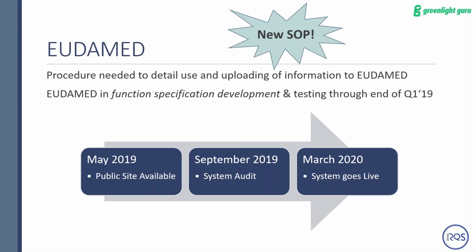So new SOP on how you're going to comply with each section of EUDAMED and how you are going to maintain uploading information, uploading UDIs, and monitoring EUDAMED as well. It's important to incorporate all that stuff in your quality system.